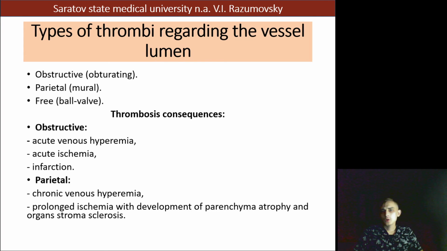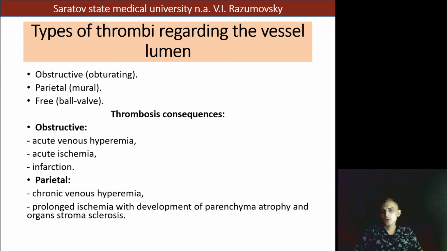Types of thrombi relating to the vessel lumen. They may be obstructive or obturative thrombi, parietal or mural thrombi, and free or ball valve thrombi. Thrombi consequences depend on their lumen localization.